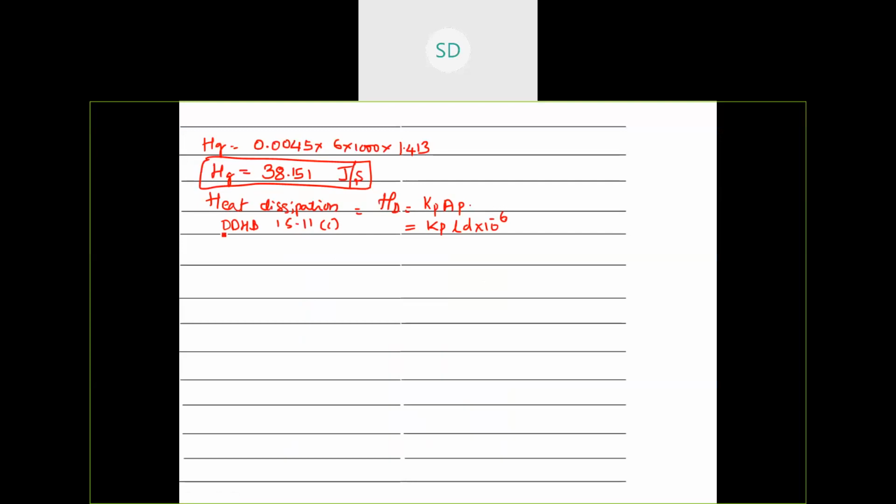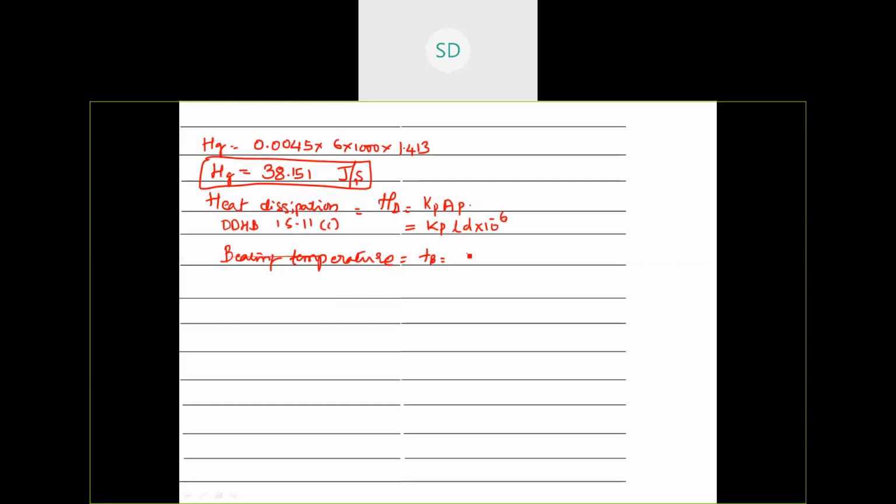So now we'll go for the calculation of Tb first. Bearing temperature Tb equal to 1 by 2 (To minus Ta) plus Ta. I am just rewriting this equation.